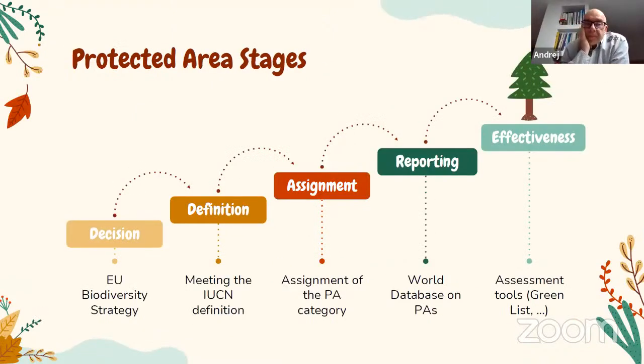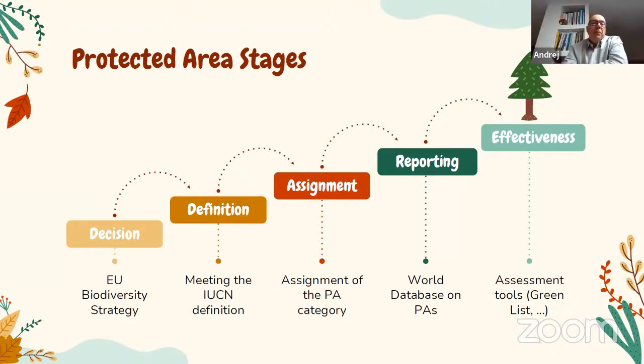Okay, so how does the life of a protected area look? First, we have to make a decision that we want to establish a protected area somewhere. Usually, we use the national strategy, national biodiversity strategy, national legislation, national environmental programs, and so on, and inventories of important areas.